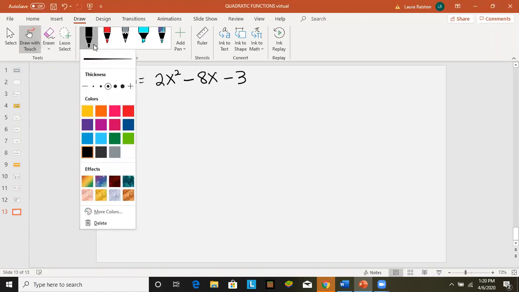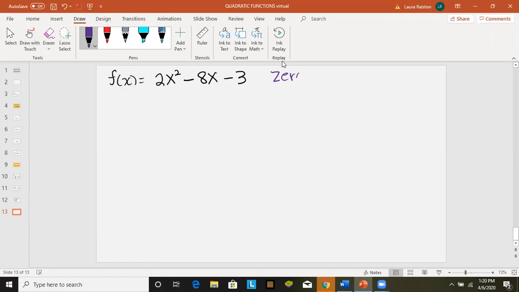Okay, so again, in this case, I'm ready to find the zeros. And to find the zeros, we let y or f of x equal 0. So I have 0 equals 2x squared minus 8x minus 3.